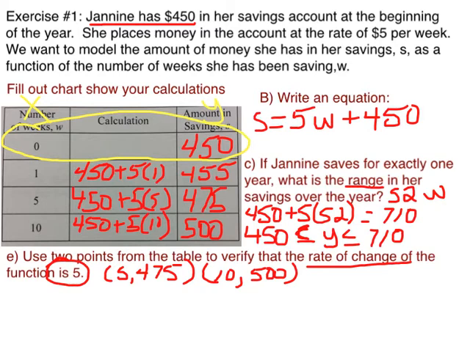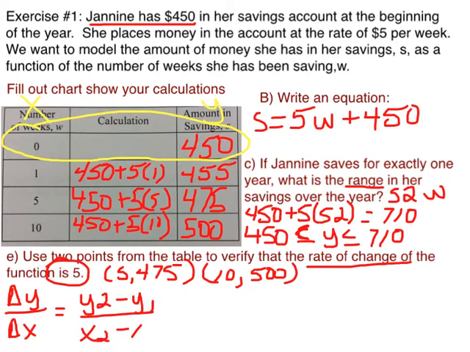And now I'm going to do my formula. I'm going to do my delta y over delta x, which is my slope formula, y2 minus y1 over x2 minus x1. One of the things I really want you to get in the habit of doing is identifying these points as x1, y1, x2, y2.